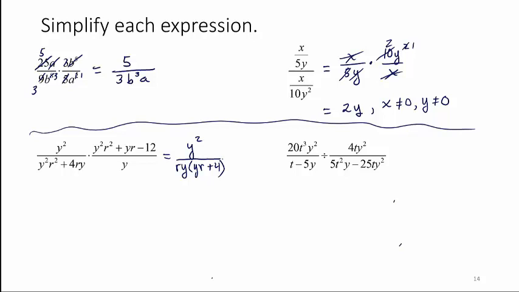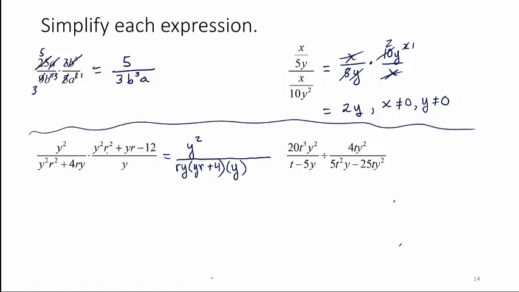That's what I'm left with. Okay, now the denominator, let's not lose the denominator there. The other denominator is y. Okay, so I've got our denominator taken care of. Look at the numerator there, the y squared r squared plus yr minus 12. Okay, so you see kind of a squared term and then one that's not squared and then a constant. It kind of reminds you of x squared plus x minus 12, right?